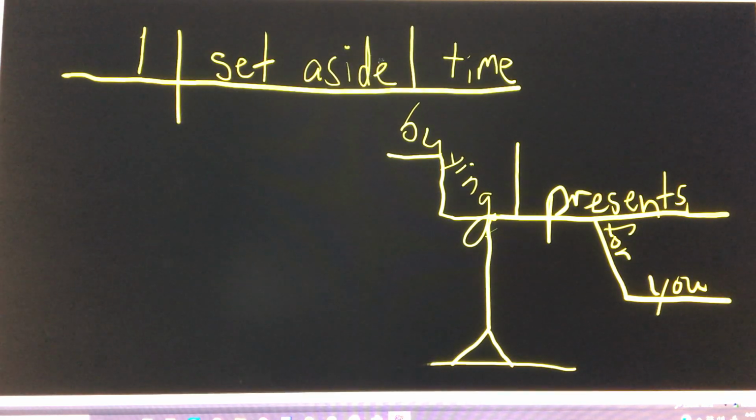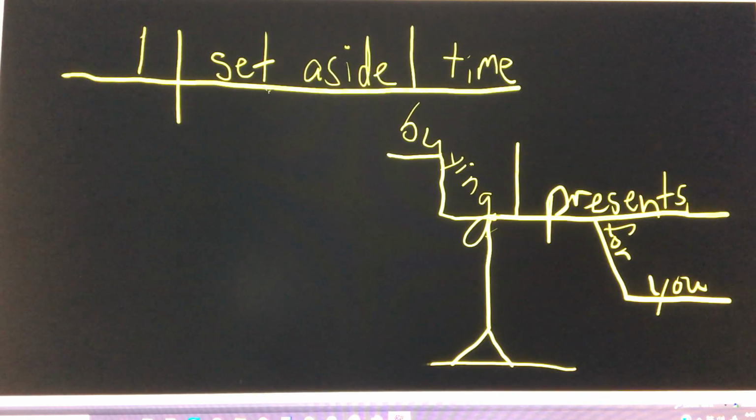This is a particle, and the test we could do for that is we could equally well say, I set time aside for buying presents for you. Or we could say, I set aside time. And when you can do that, that's the classic test for testing whether something is a particle.